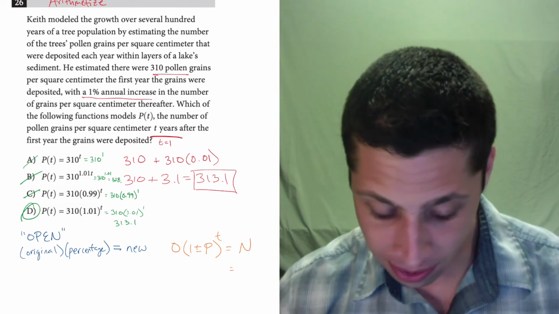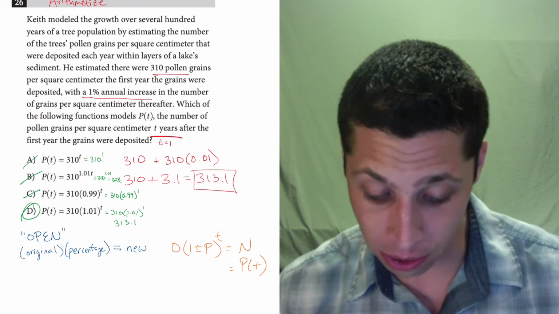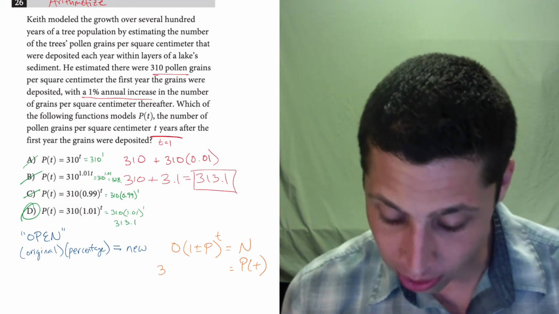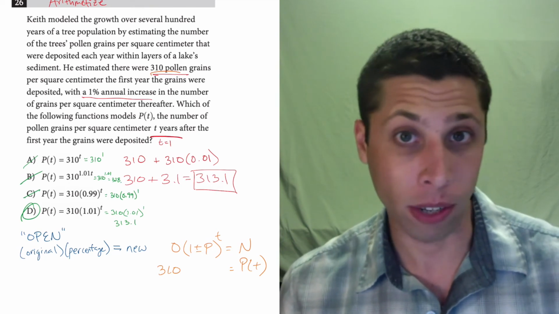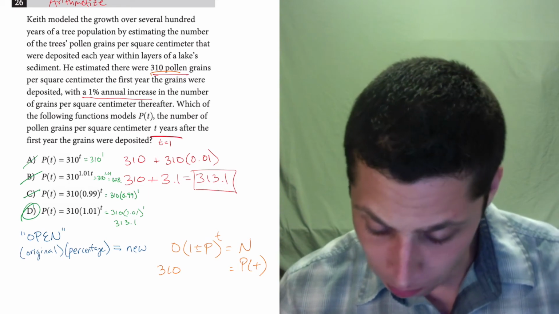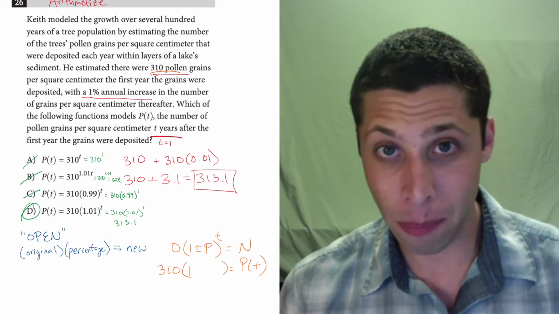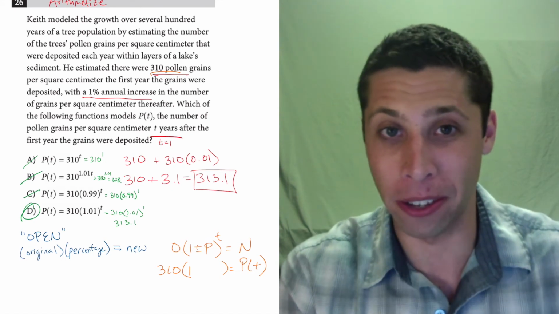The N is the P of t, right? That's the new amount after however many years the pollen grains are being deposited. The O is 310 because that's the number that we started with, 310 pollen grains. And then this piece is a little weirder. 1 represents the 100%, meaning the fact that we have 100% of the grains we started with.